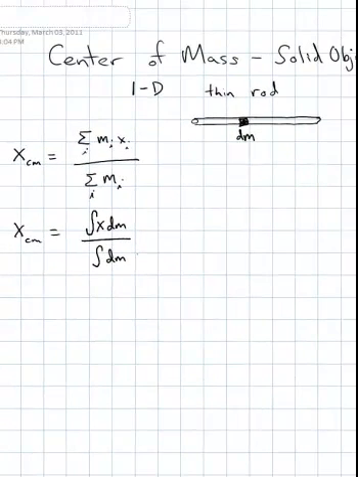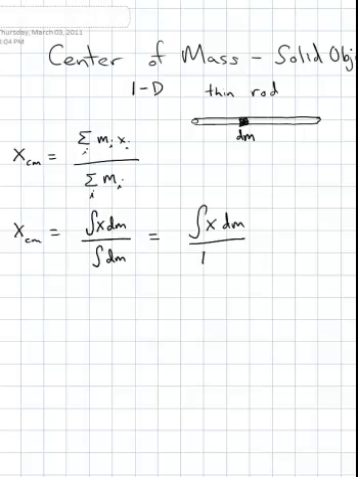So those summations that we had for point objects turn into integrals, and we have this little infinitesimal piece dm that we're dealing with. Of course, we're integrating over all the little tiny chunks dm and adding them up. So what do you think the integral of dm is going to be? It's going to be the total mass of the object.